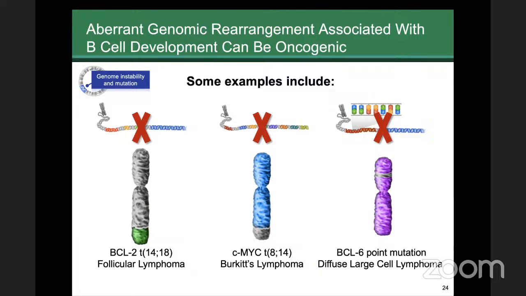So I give you 3 good examples of how genomic changes, gross changes in the chromosome, with what is supposed to be a very good antibody production process, suddenly become cancerous because of some issues that are either due to the Epstein-Barr virus or due to the infidelity of the process.